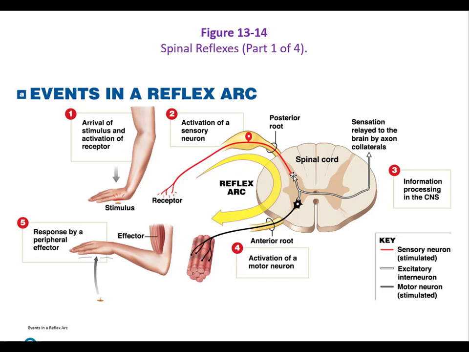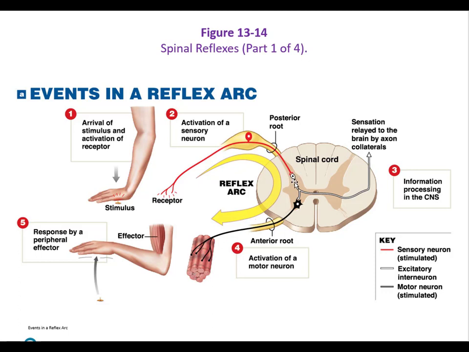It synapses, so it passes it to an interneuron. So this is my go-between neuron, who sends it to the motor horns. And this is somatic motor because it's controlling my skeletal muscles. So it lands on the anterior horn where it synapses with another neuron that comes out and says, hey, move your hand. So the skeletal muscles moves.